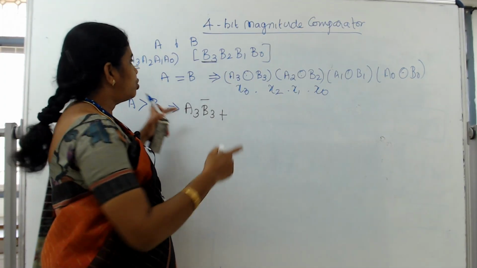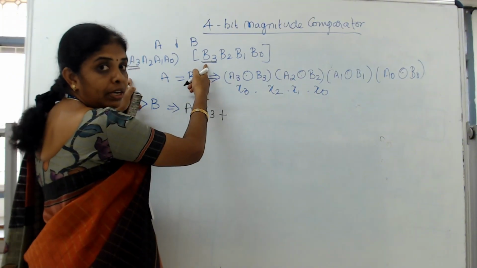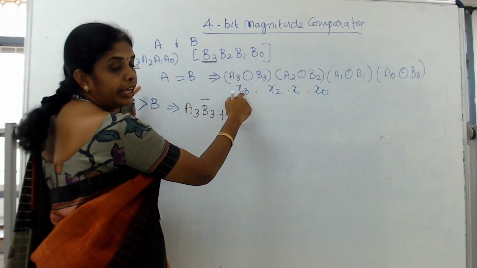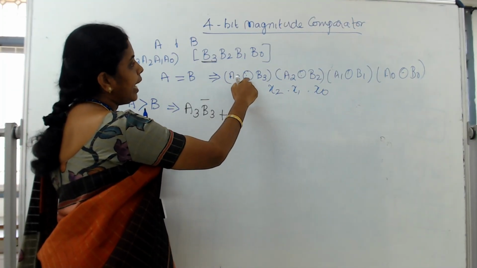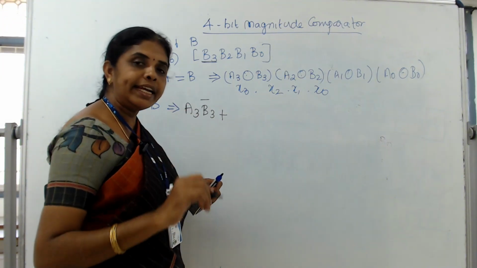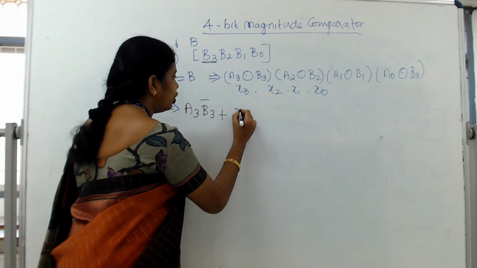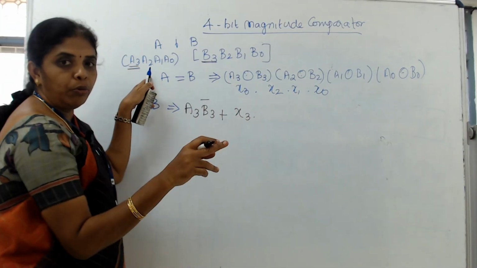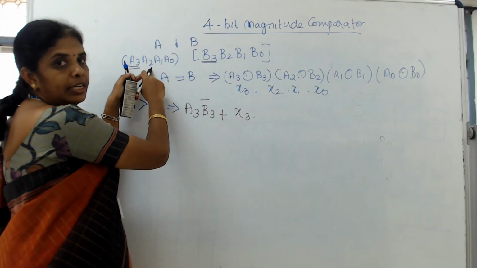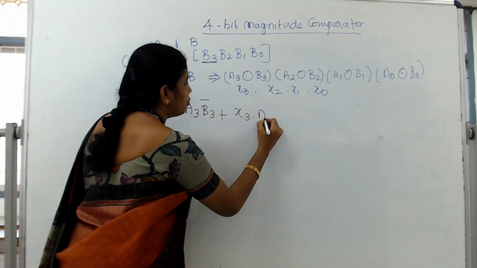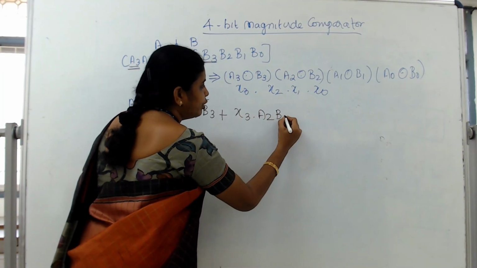For A3 equal to B3, the corresponding function is A3 XNOR B3. For better simplification, we are just calling it x3. So x3 into, now A2 bit is 1, B2 bit is 0. So we can write A2 B2 bar.